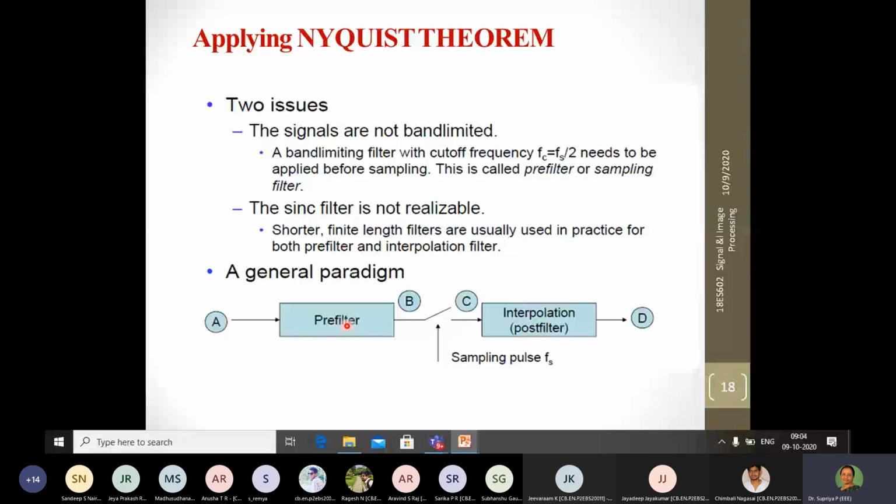You would recall that most sampling processes have a pre-filter and generally a post-filter. And generally, the problem with a low-pass filter is that it is an infinite filter, and as such, it is not realizable. So we would like to go to shorter finite length filters, used in practice for both the pre-filter and the interpolation filter.